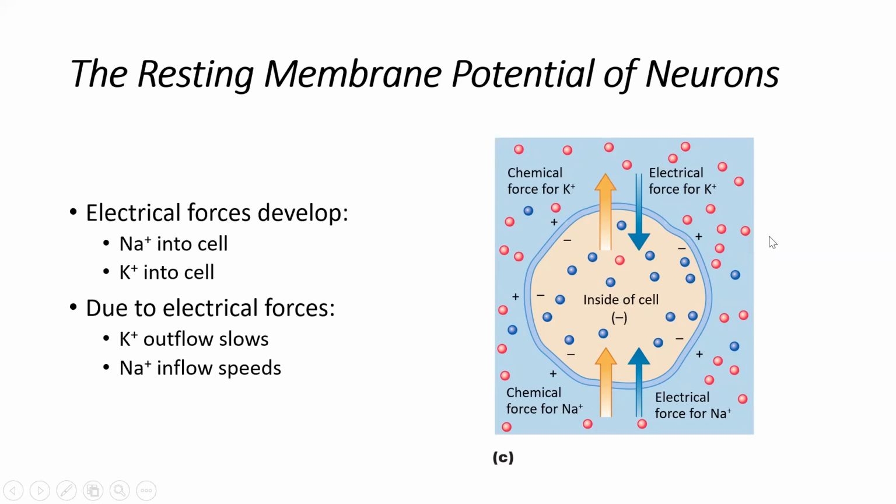So we've got an outflow of potassium that's very slow, kind of trickling out of the cell, but we've got an inflow for sodium that's kind of just rushing in. Sodium really wants to get into the cell because of that combined, stronger inward electrochemical force.